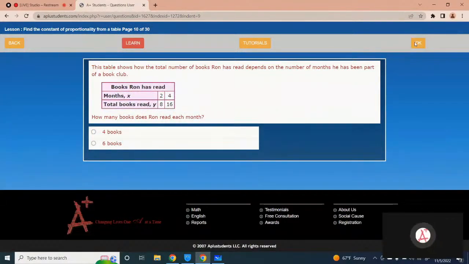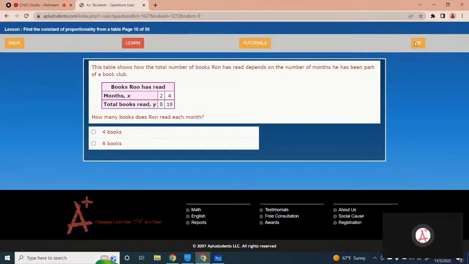The table shows how the total number of books Ron has read depends on the number of months he has been part of a book club. So it would be 2 times what number is 8? You have to do y by x, got it?